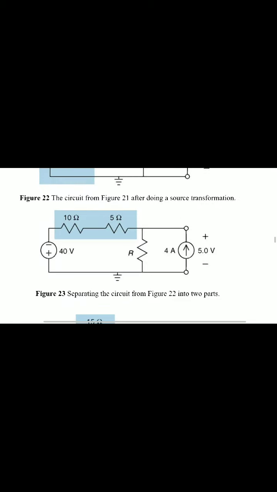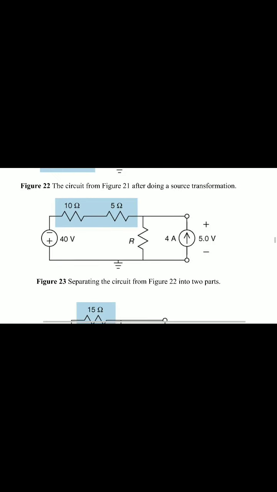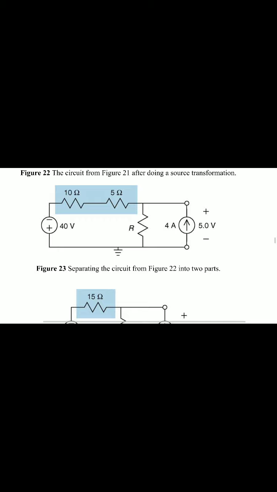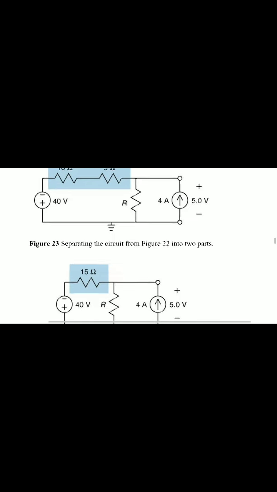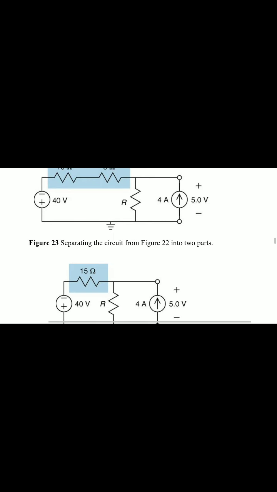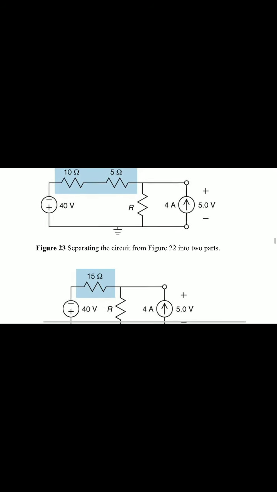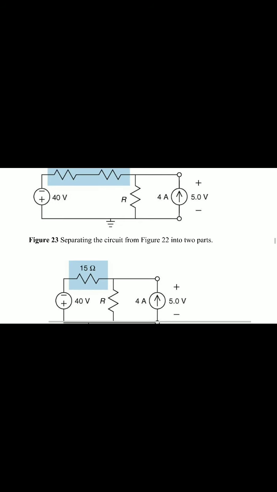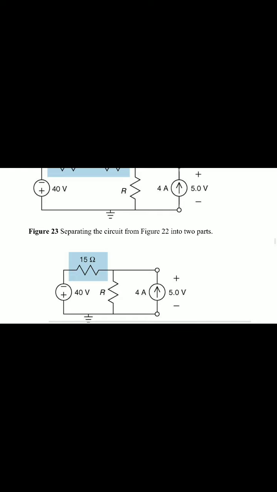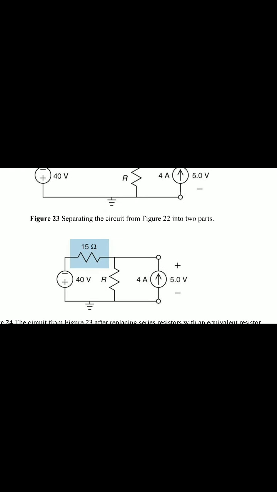Figure 23 separates the circuit from figure 22 into two parts. Here 40 volts is in series with 15 ohms and resistance R, and the current source is 4 amps.